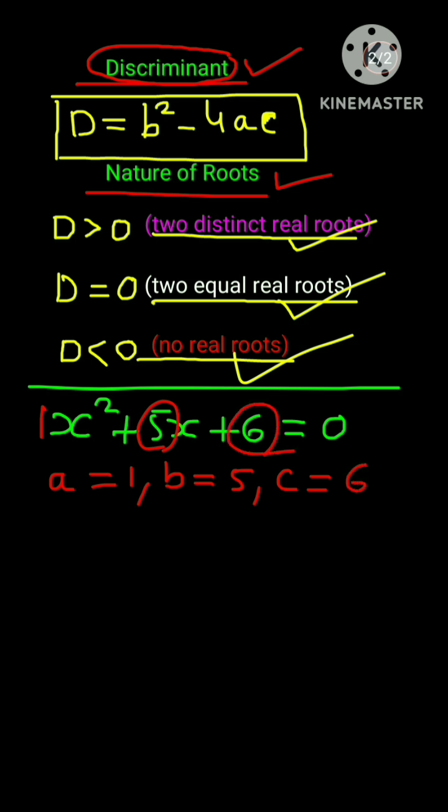And for discriminant we have this formula d equal to b square minus 4ac.